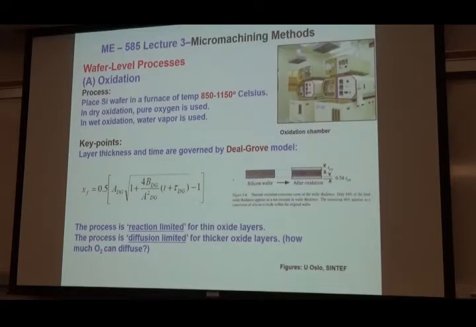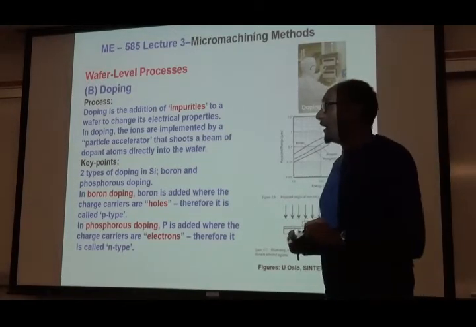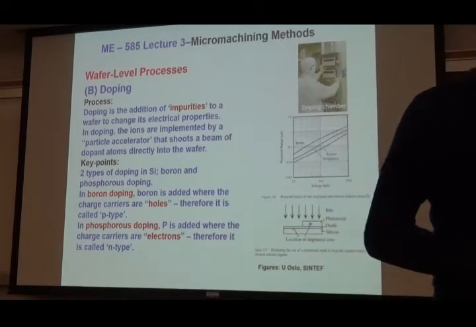Okay, the next one is doping. So remember, I had my wafer, I took it to the oxidation chamber, I oxidized it, and I have an oxide layer, so this guy is ready. It's insulated. Now I could add stuff to it. Later on I could pattern it, but one of the first things I would like to do is dope it.